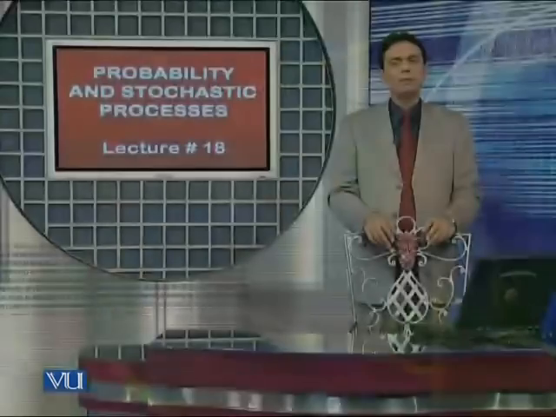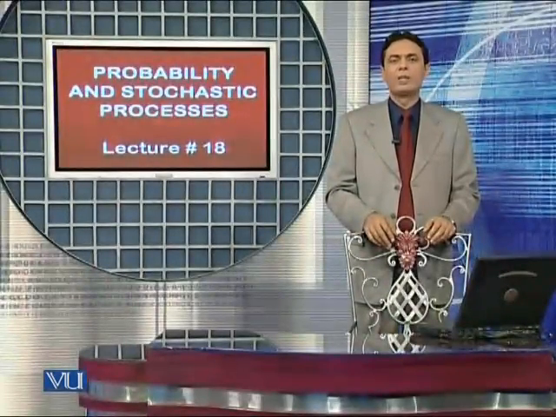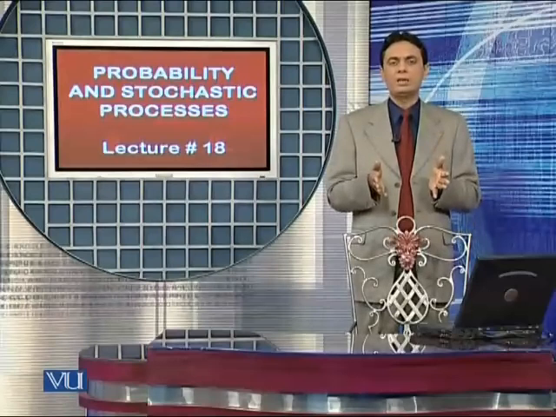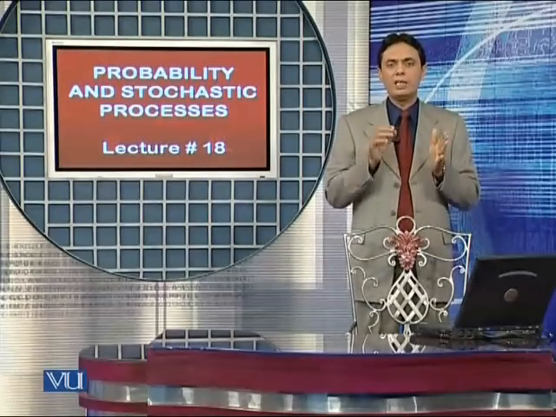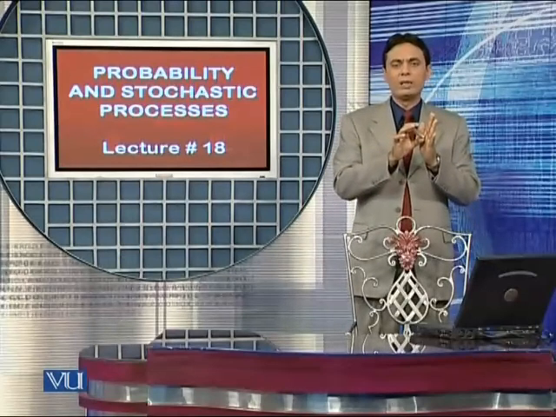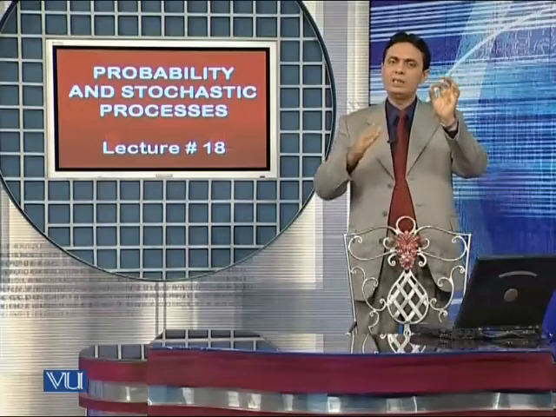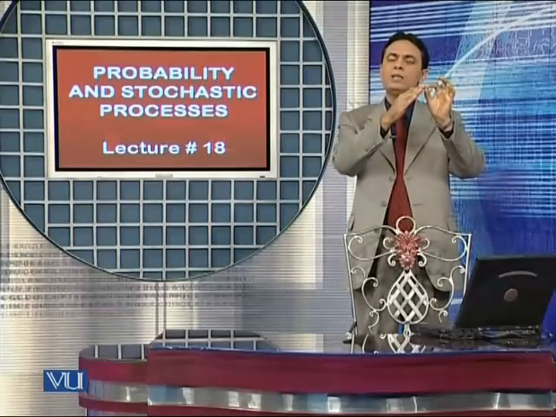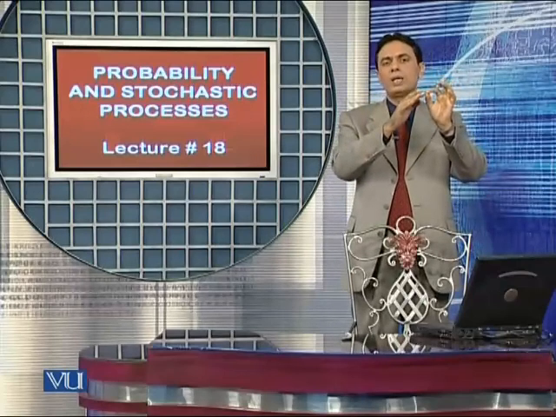So how do you find the probability of such an event? It's not very difficult. All you have to do is take this joint PDF, which is a function of x and y, and integrate it over this triangular base region where x is between 0 and 20, y is between 0 and 20, and then there is a bounding line which joins these 2 points, which is y is equal to 20 minus x.